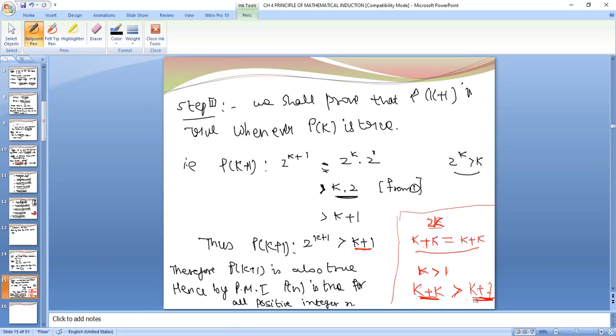So we have written in the result that by principle of mathematical induction, P(n) is true for all integers n. The only slightly difficult step is this one. Why are we writing this? If it is understood, it is very easy for you to prove the questions, right? So this step is clear.